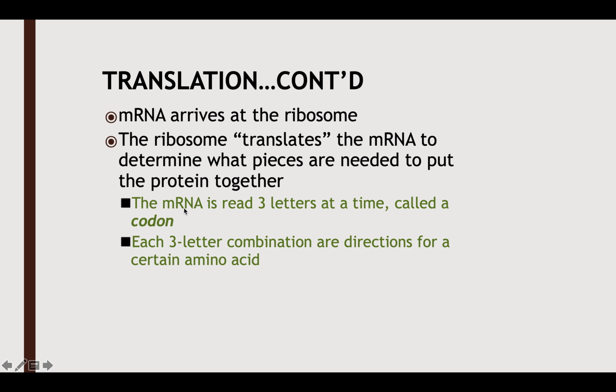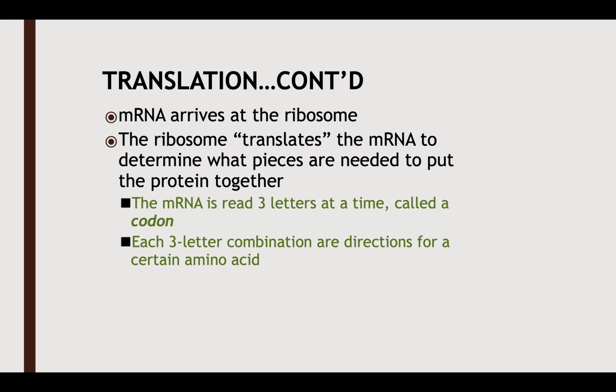Your body reads messenger RNA in 3-letter chunks at a time. Not 1 letter at a time, not 2 letters, not 5 letters at a time, but 3-letter chunks at a time. Those 3-letter chunks are called codons. Each 3-letter codon is the directions for a certain amino acid.